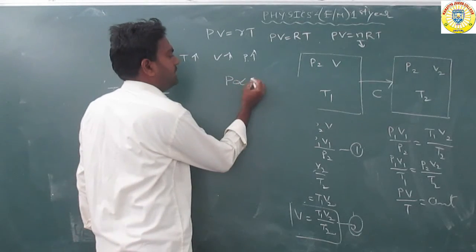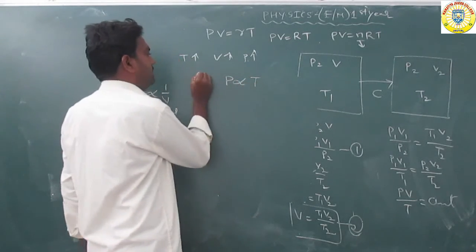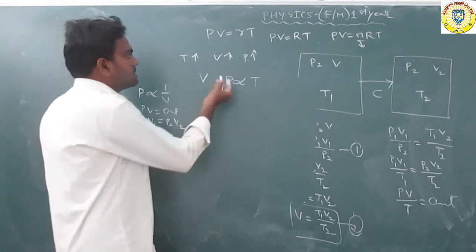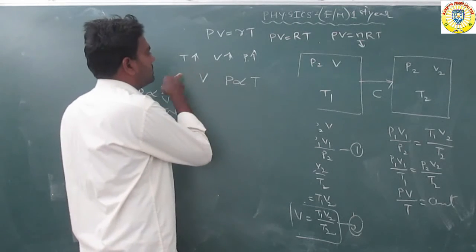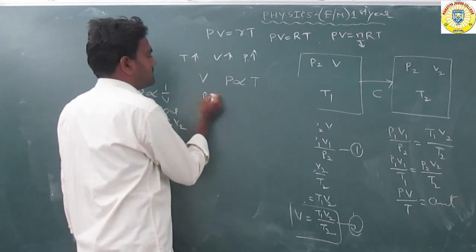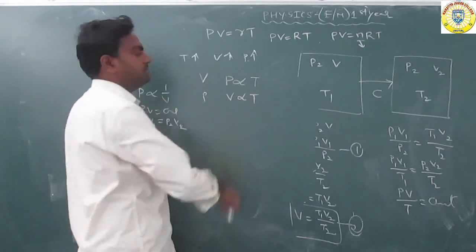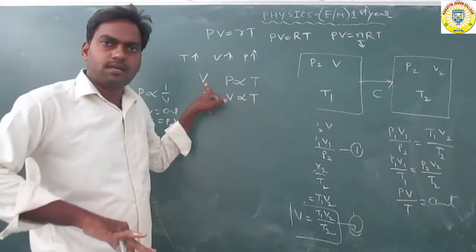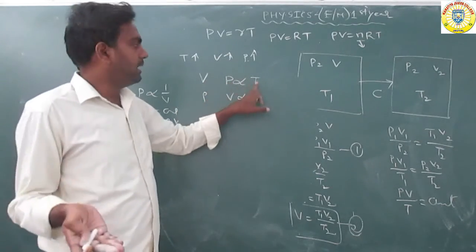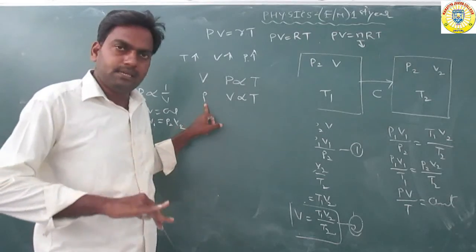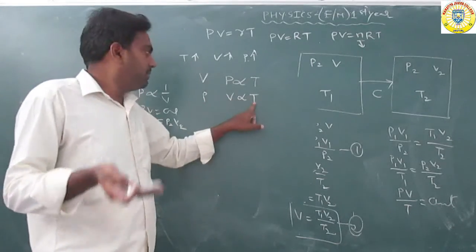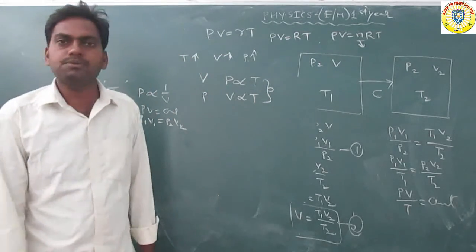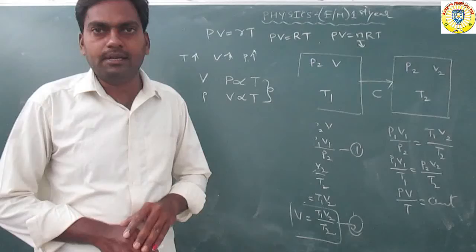Keeping the pressure constant, the volume is directly proportional to the absolute temperature. So at constant pressure, volume increases as temperature increases. That means this law is better for preparing thermometers.